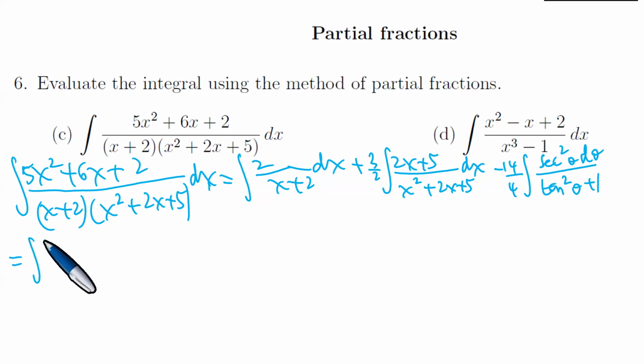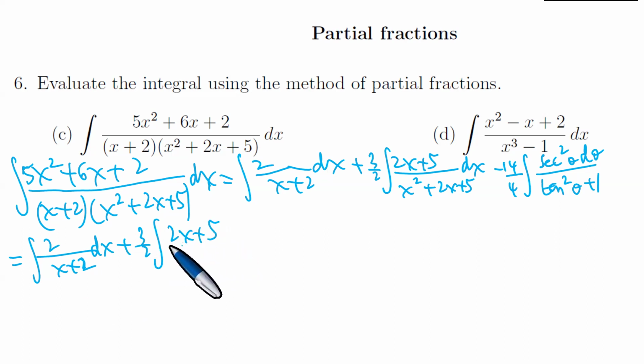So we have the integral of 2 divided by x plus 2, plus 3 out of 2 the integral of 2x plus 2 all divided by x squared plus 2x plus 5 dx.